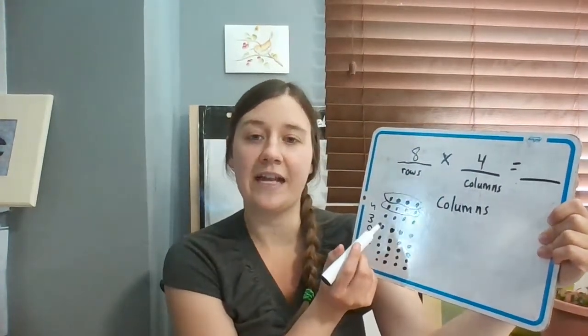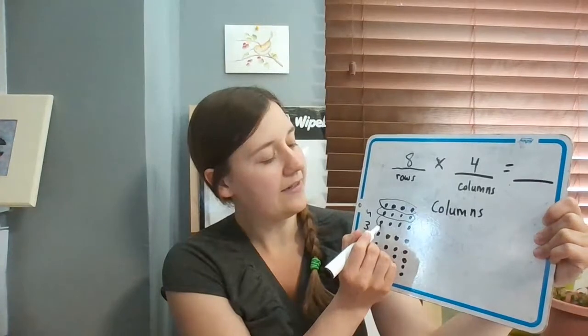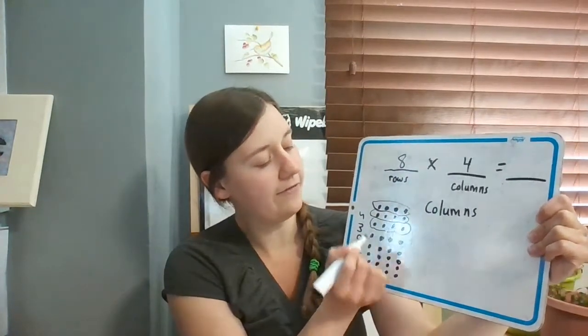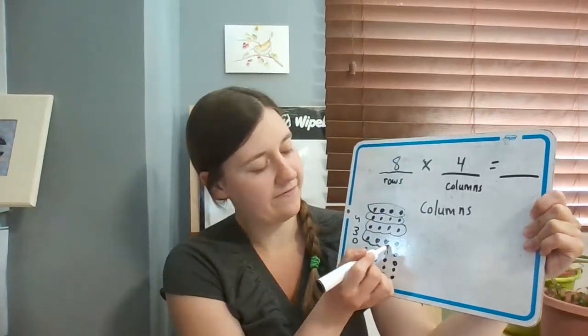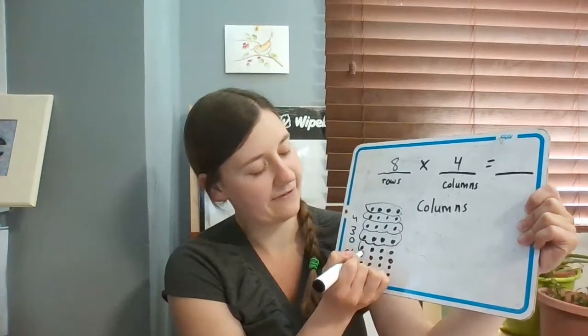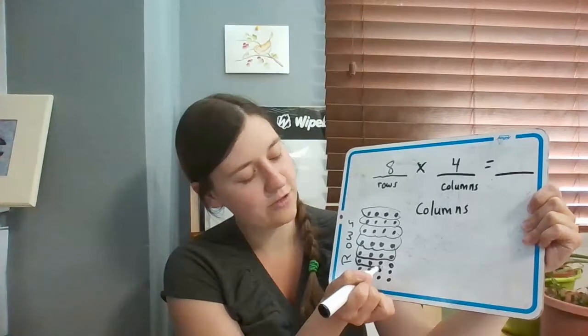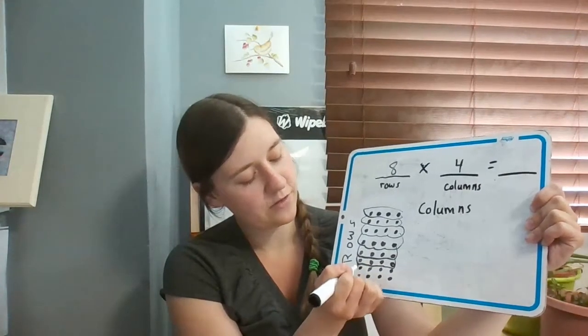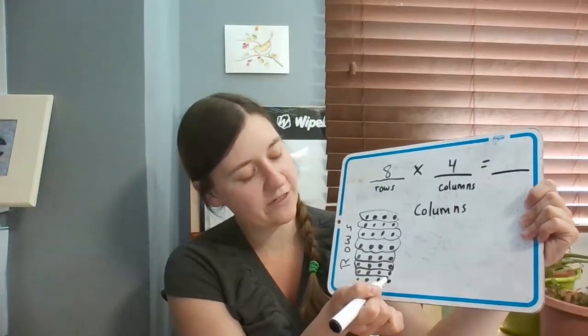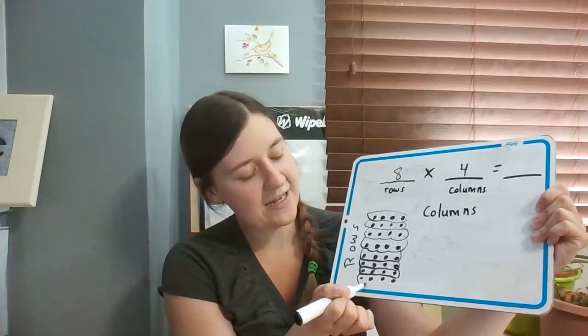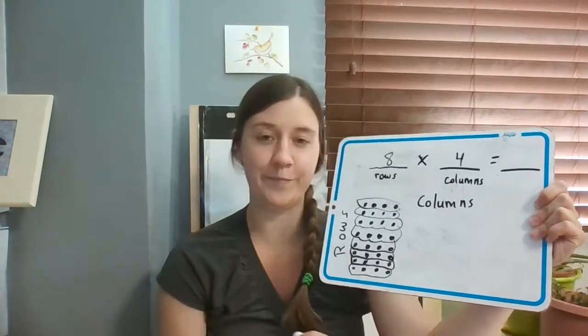Now let's count our next ones. 8, 9, 10, 11, 12, 13, 14, 15, 16, 17, 18, 19, 20, 21, 22, 23, 24, 25, 26, 27, 28, 29, 30, 31, 32.